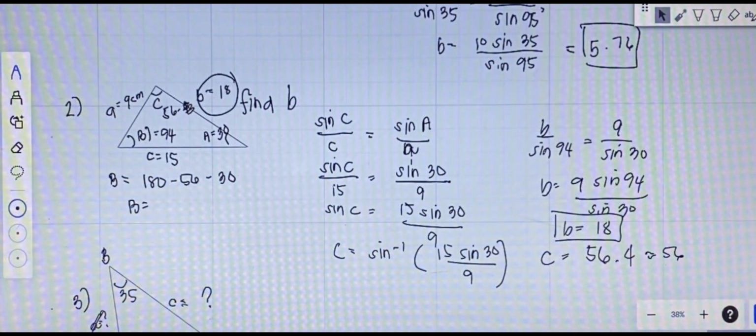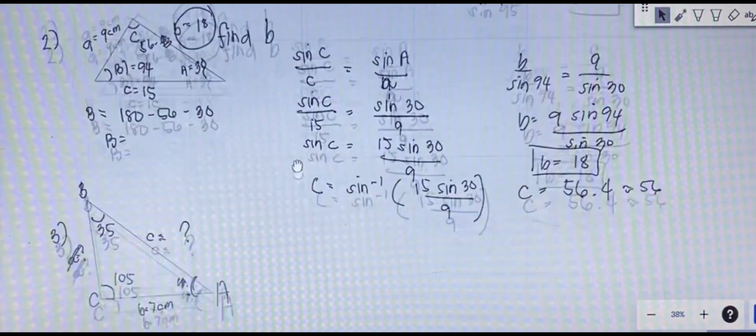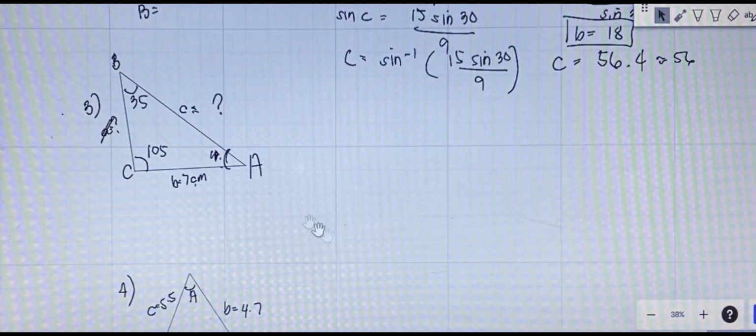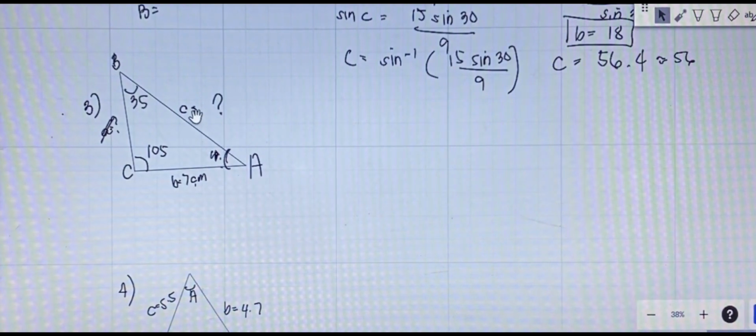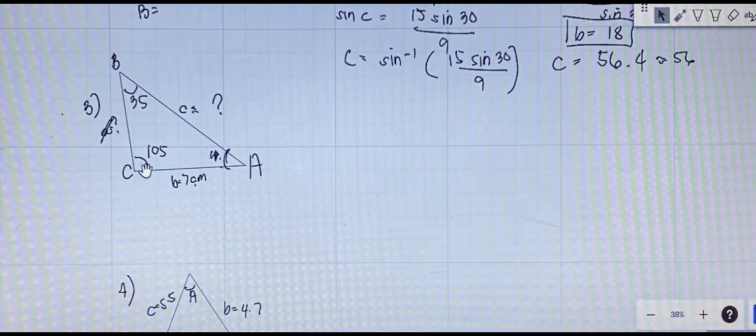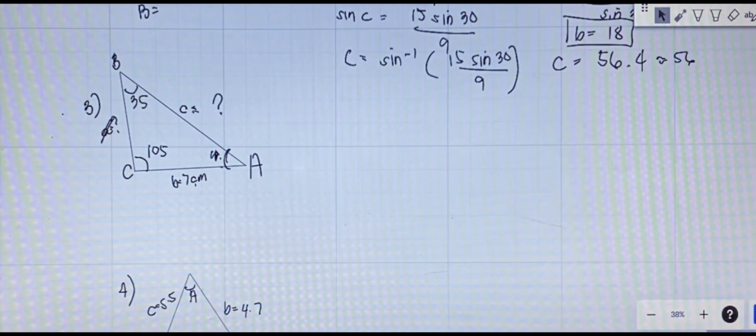Now let's continue with the third example. Here, we have angle B and small b. We're looking for c. Since we have this, we can easily get c.